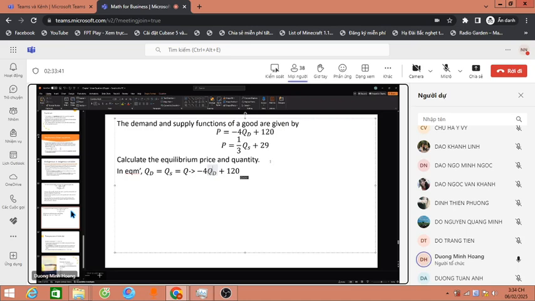That is equals, and we solve for Q. Q equals what? Let's see.